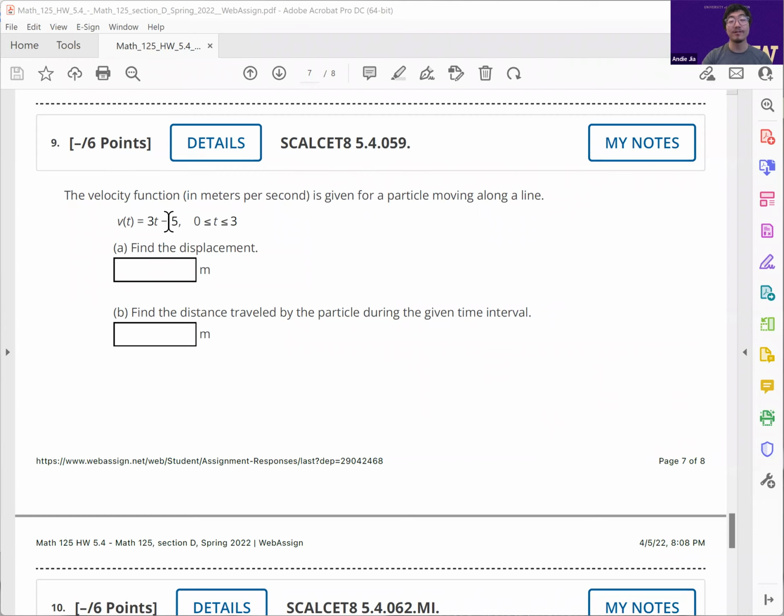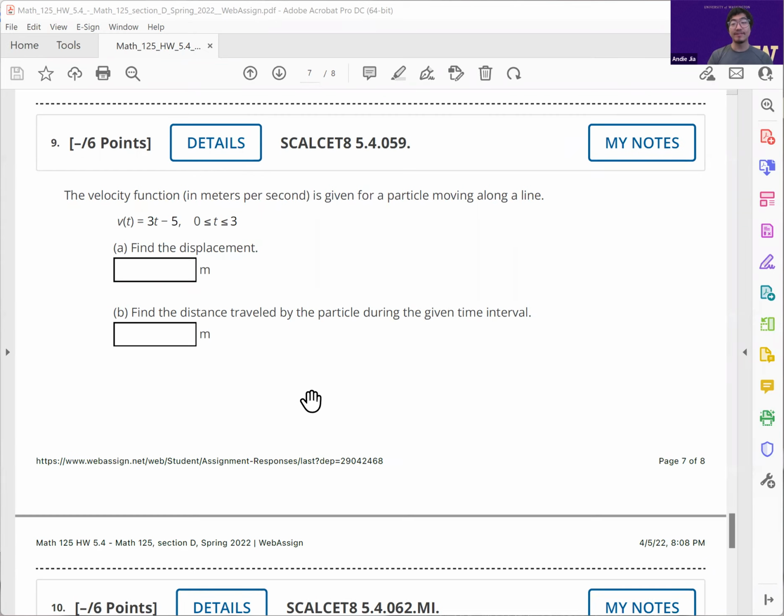At t equals 1, on the interval from 0 to 3 over 5, v(t) is negative, so we need to swap. Rewrite it as 5 minus 3t so that the resulting definite integral produces positive answers.